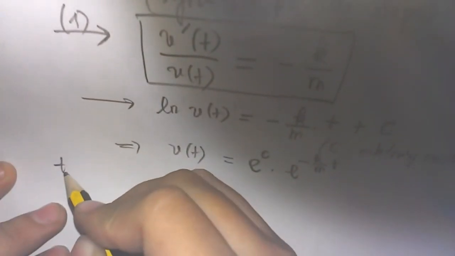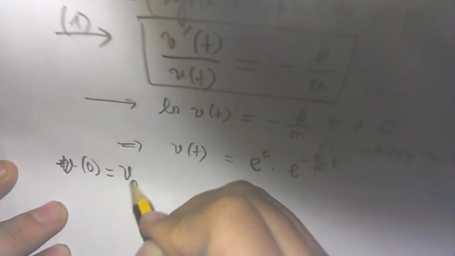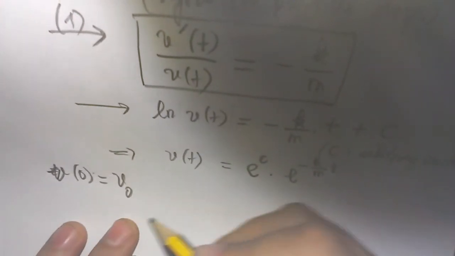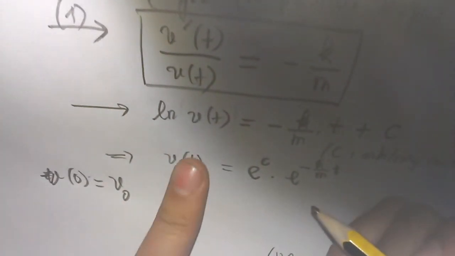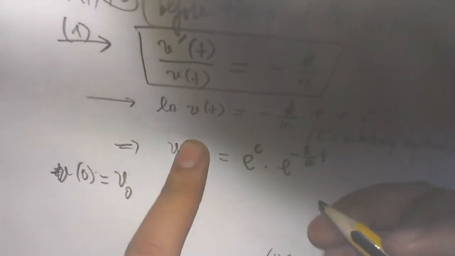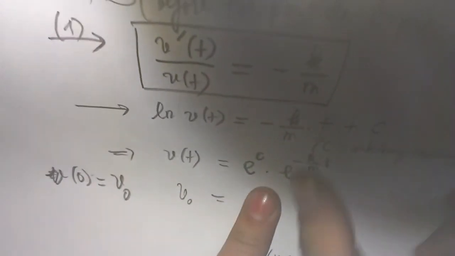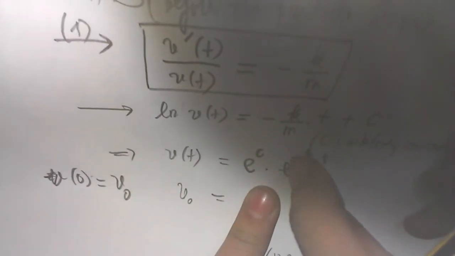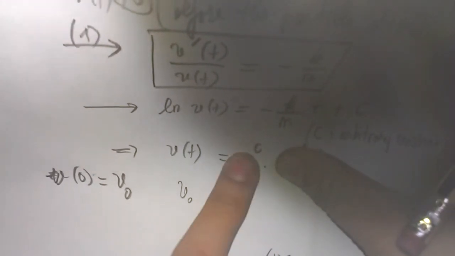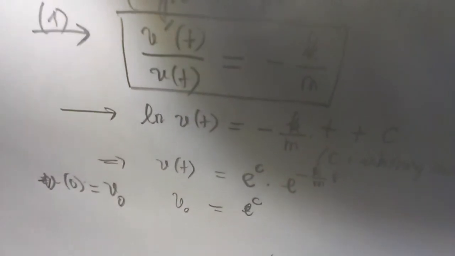So at t equal to 0 we have v(0) is v0, and therefore as you plug in this equation you have v0 equals, this one becomes e to the power of 0, which is 1. So we have v0 is e to the power of c.